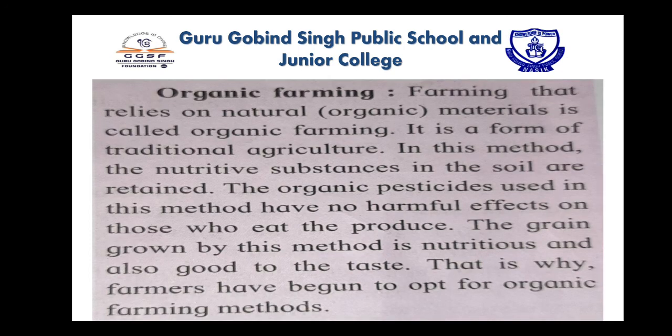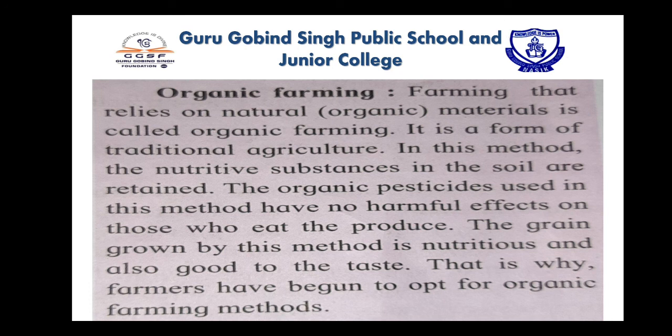Then let's see what is meant by organic farming. Farming that relies on natural means, organic material, is called organic farming. It is a form of traditional agriculture. In this method, the nutritive substances in the soil are retained.